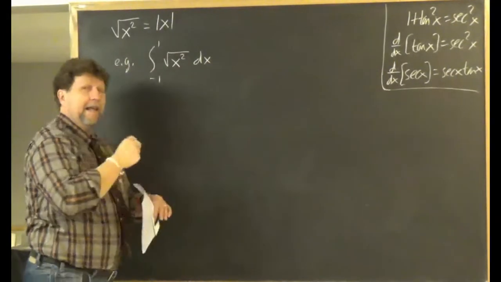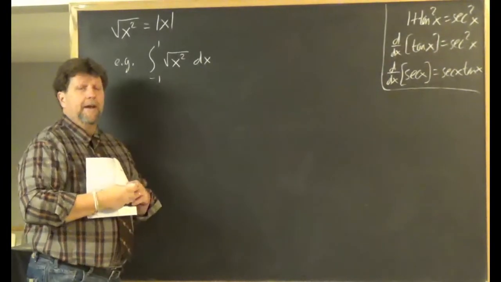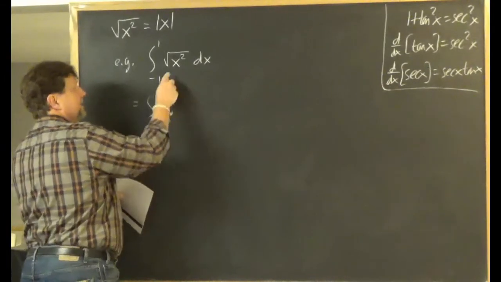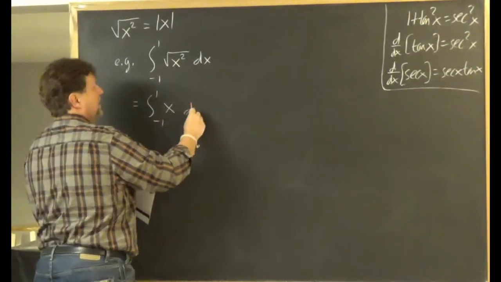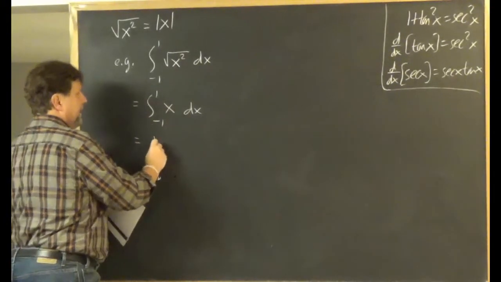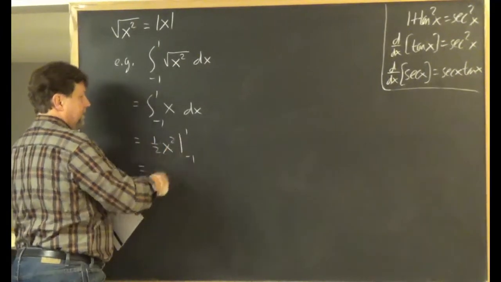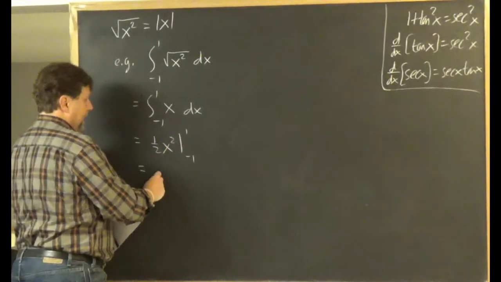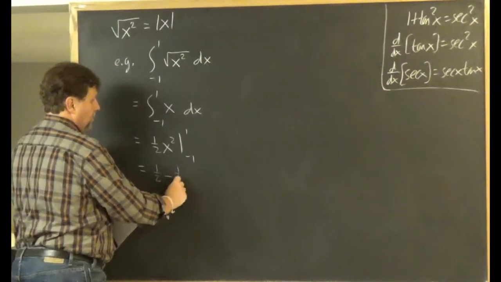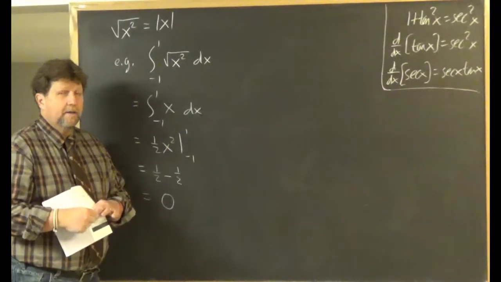If you forgot that and thought, well, the square root of x squared is just x, which, by the way, is not correct, you'd say the antiderivative is 1/2 x squared, -1 to 1. You use the fundamental theorem of calculus, and you get 1/2 minus 1/2. You get an answer of 0, which isn't correct.